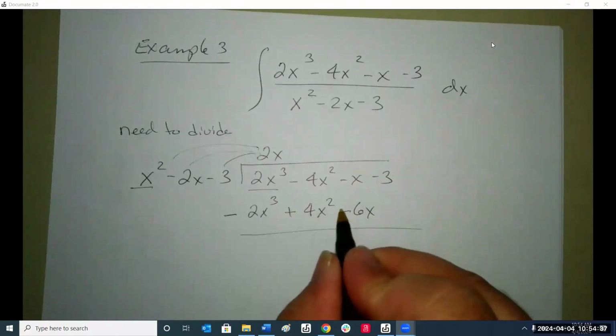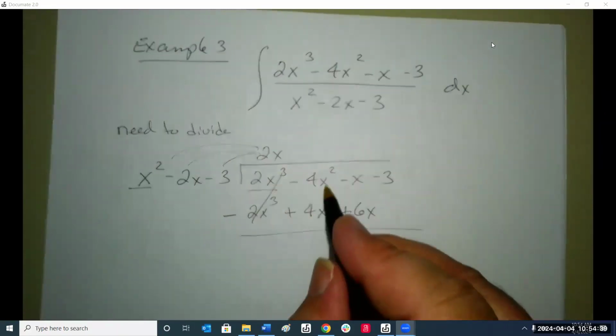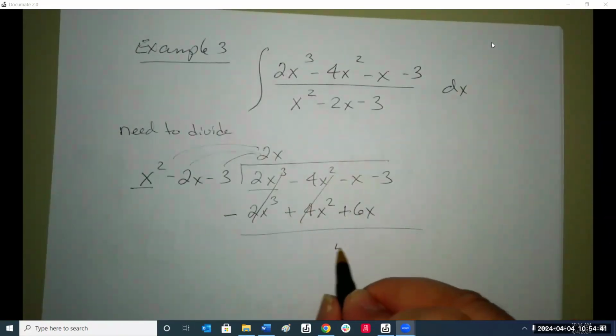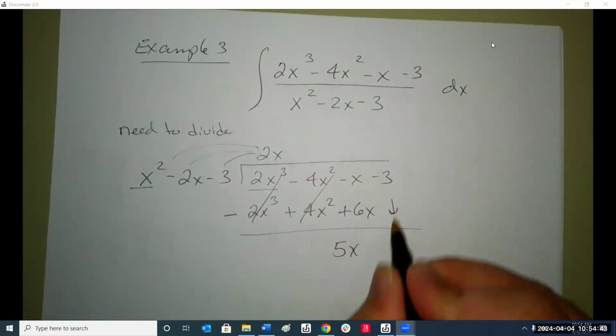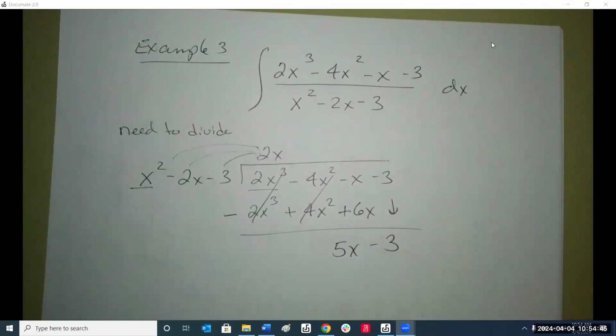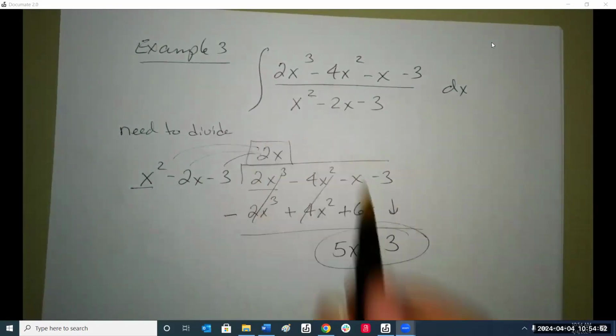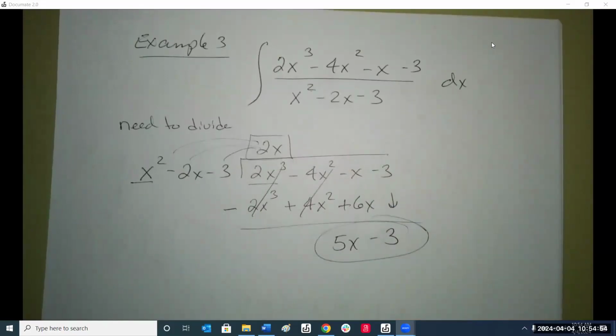Change the signs and add, and bring down everything else. So this is the remainder, and that one I do nothing with.